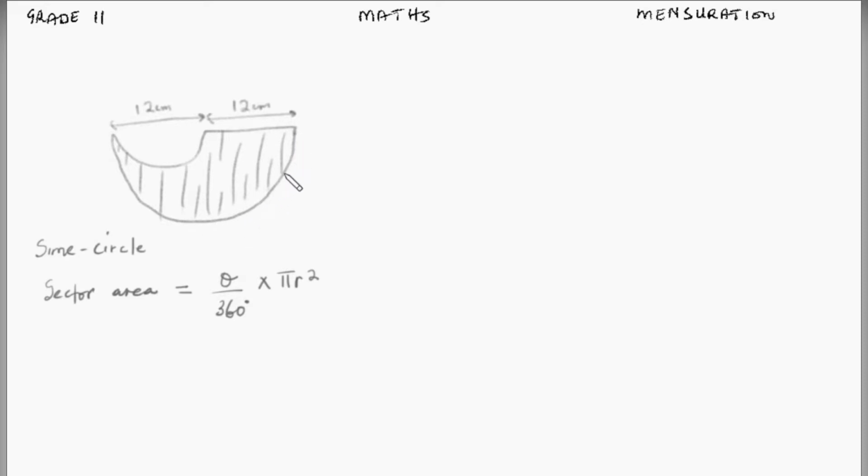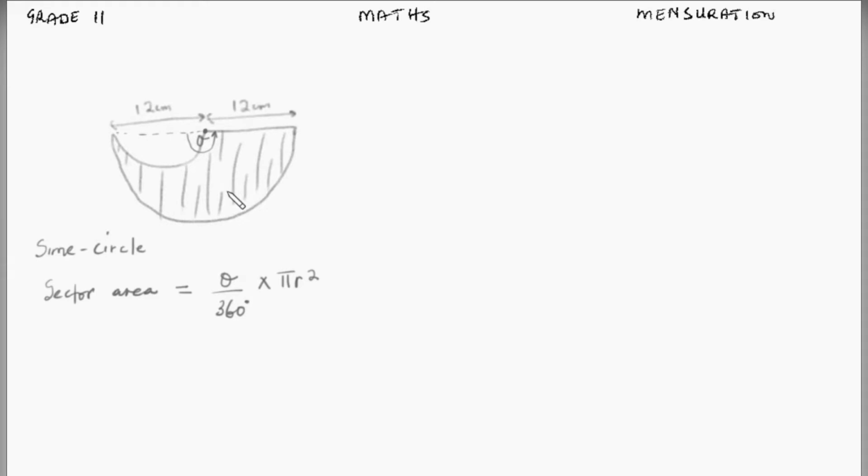This is an arc here. Now this is the center of our circle, and the angle theta is the angle between the two radii, which is this angle here.